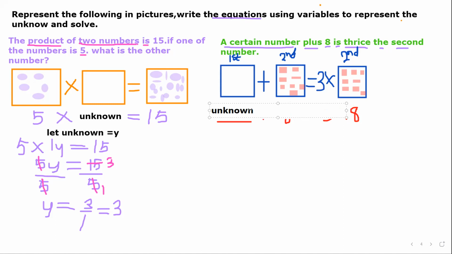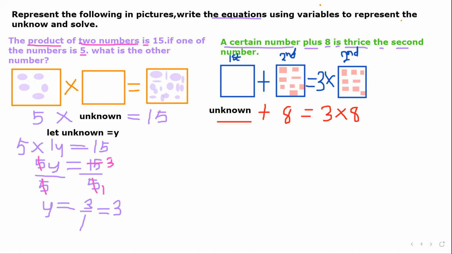Now, once we know the first number is a certain number that we don't know, plus 8 happens to be the second number, and the answer is 3 times the second number. So if the second number is 8, 3 times 8, okay, good.